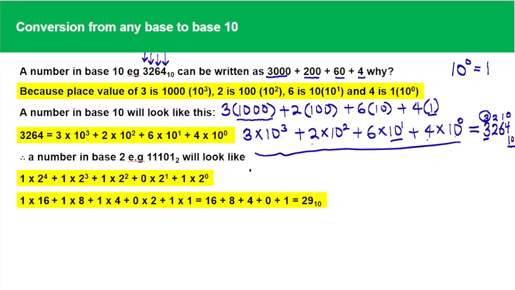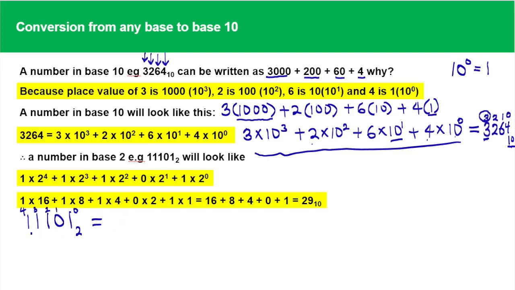If we apply this same concept to another number in another base, let's say for instance 11101 base 2, and I'm required to convert this to base 10. I begin first by assigning powers starting from 0 from the right towards the left: 0, 1, 2, 3, 4.